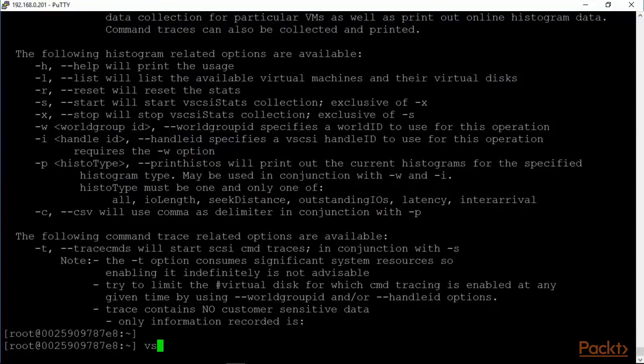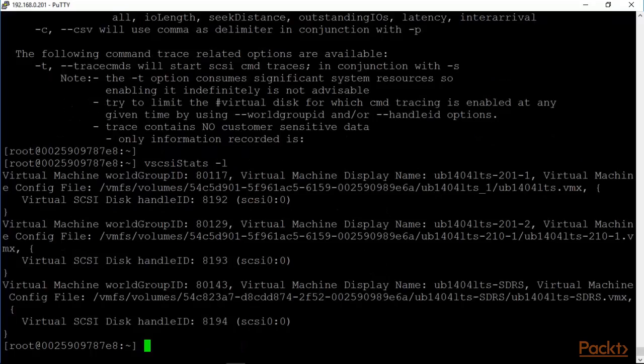So vscsiStats -l will give us the world IDs of those VMs. One world group ID is 80117.